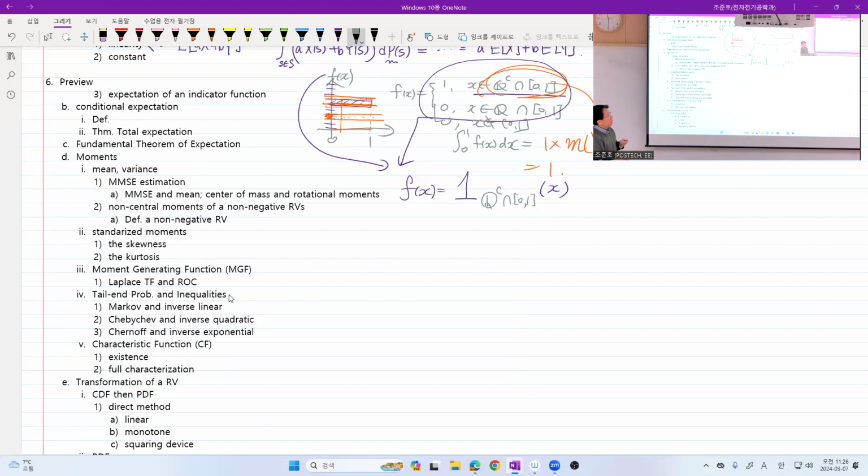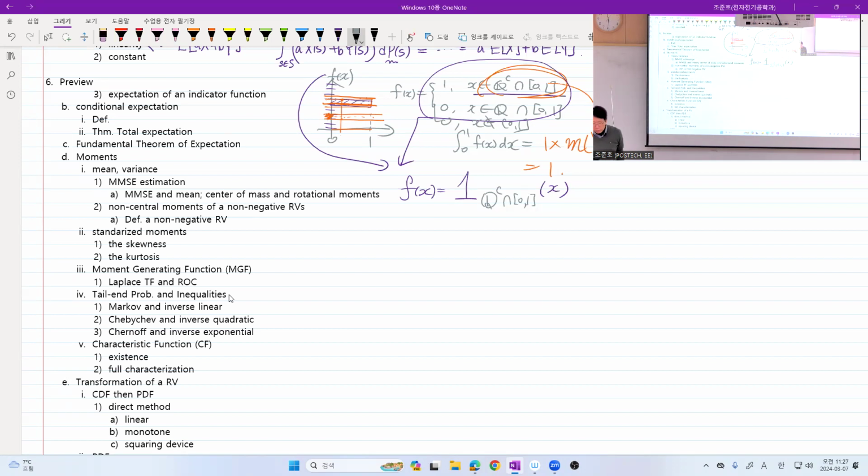So again, we do almost the same thing. We consider the definition of conditional expectation. And again, we do the total expectation theorem, as we've done the total probability theorem. And here goes the fundamental theorem of expectation.